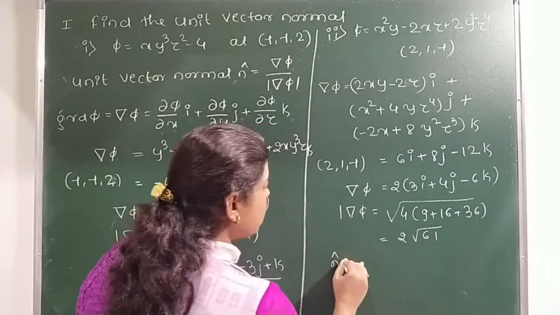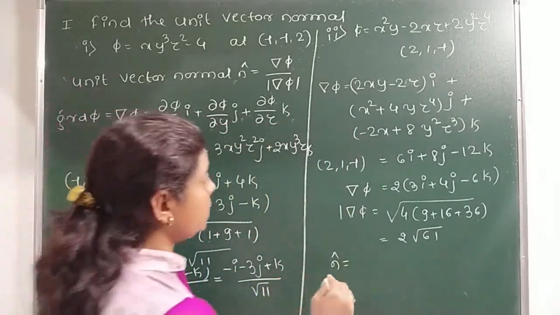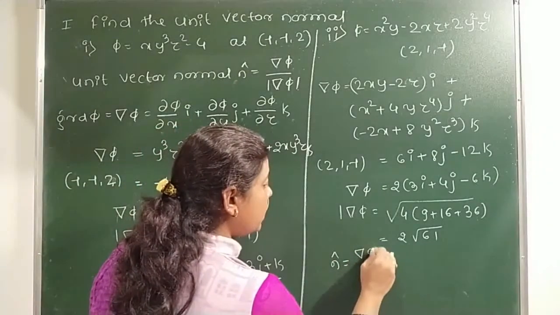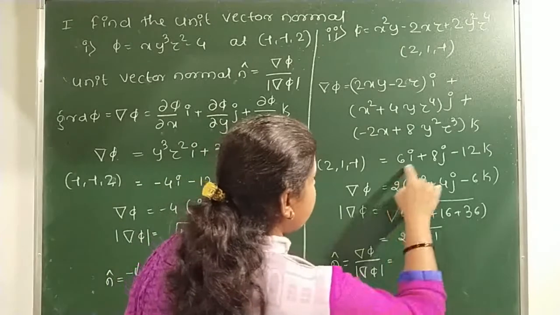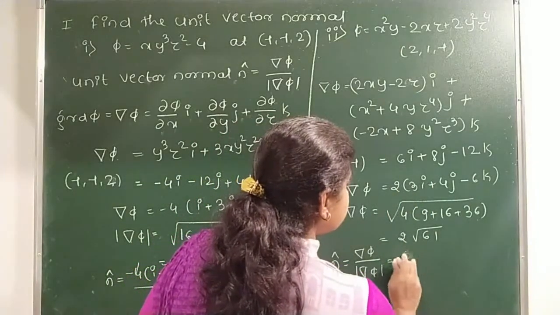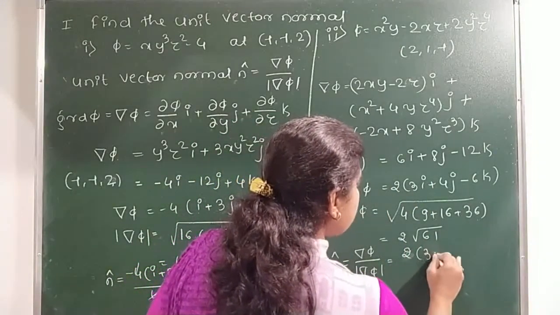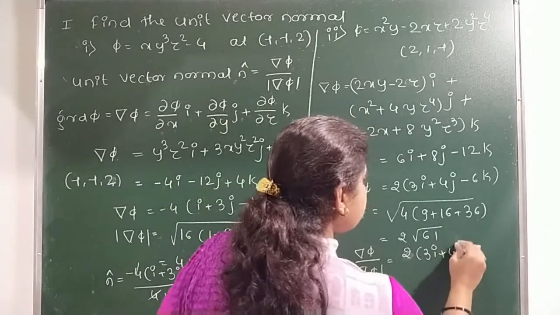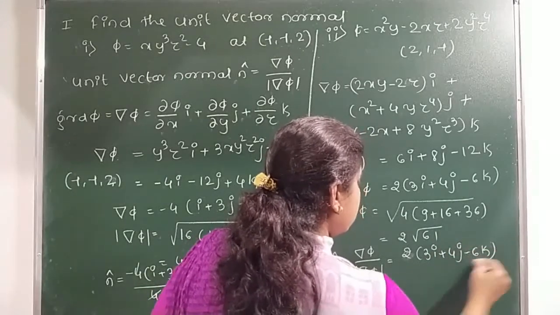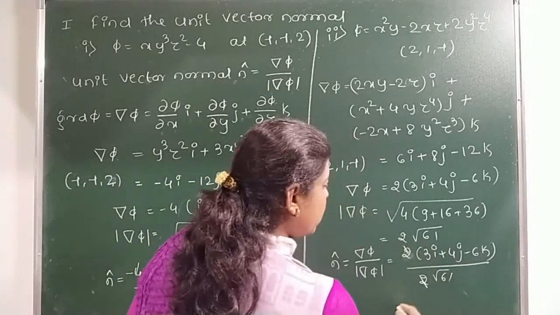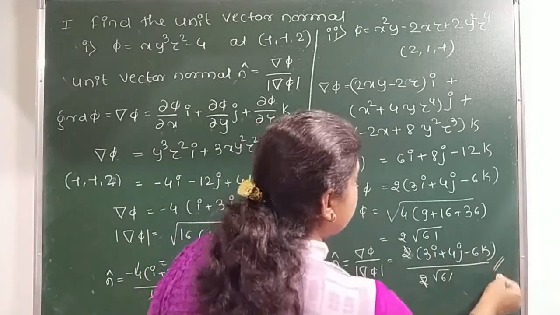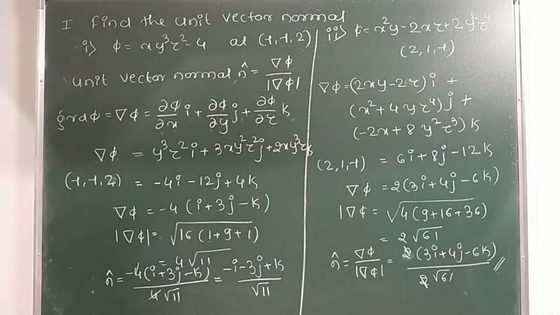Now we write the unit normal vector: n cap is equal to del phi divided by mod del phi, which is 2 times (3i plus 4j minus 6k) divided by 2 root 61. The 2 gets cancelled, and the remaining term gives the unit vector normal.